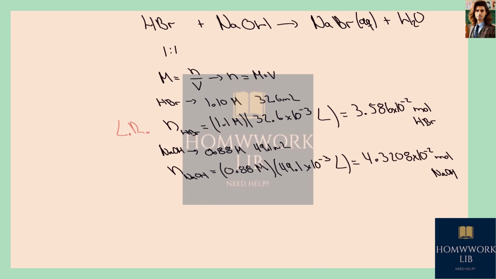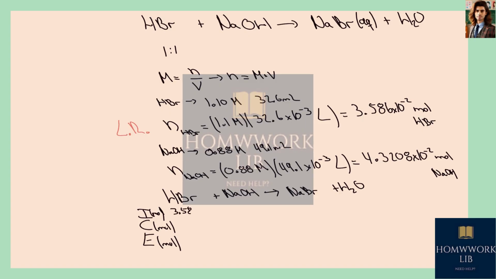We can write down an ICE table if you want for this reaction. So we can rewrite our reaction in terms of the amount of moles, and you're going to see that the result can be seen directly from the amount of change that we're going to get.